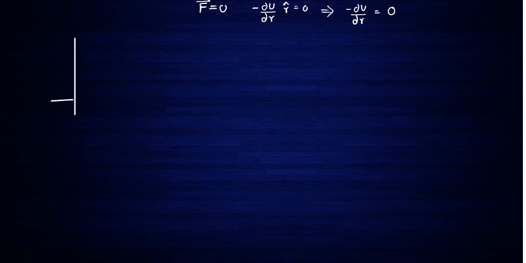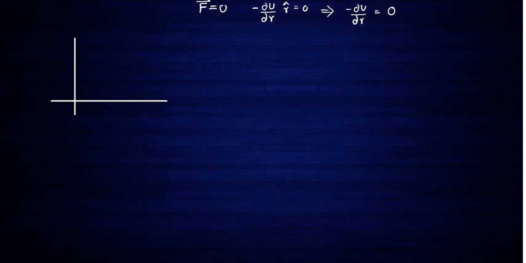So here, as per our own convenience, we use the expression minus du/dr r cap is equal to 0. So this happens to be the force. That implies minus du/dr is going to be 0. So let us understand the possibilities as to when minus du/dr can exactly be 0.